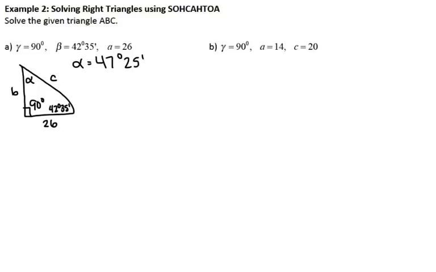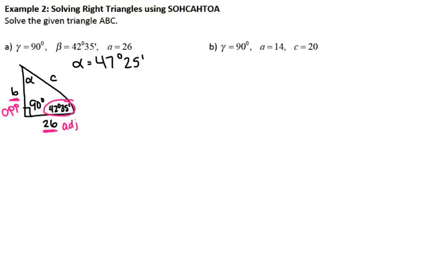Now to find your sides, I'm going to start by solving for side B, using the information that was given to me. So I have this angle, and I have this side. I need to see how B and the 26 relate to that angle. Side B is your opposite, and the 26 is your adjacent.